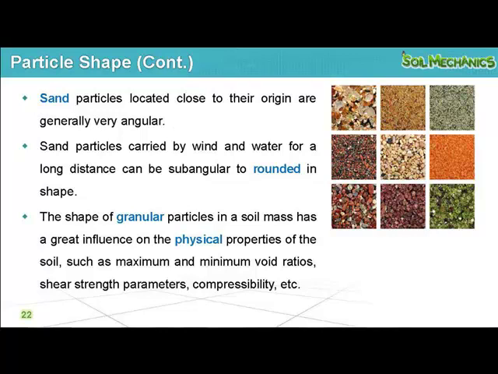Sand particles that result from weathering product of rock close to their origin, meaning not yet transported far away from their parent material, are generally very angular. The shape of the sand grain is very angular for the sand located close to its origin.